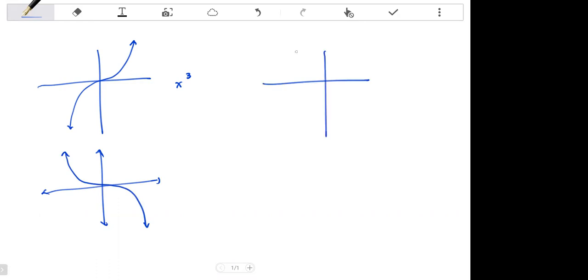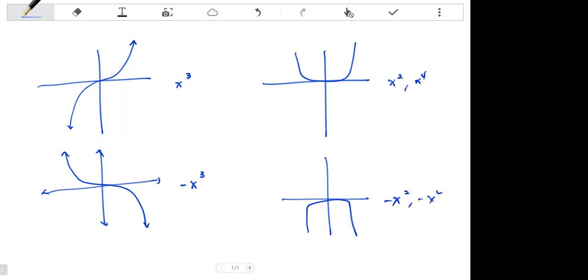Anybody? You can just shout it out. Negative x cubed. Yeah, that's right. And these are the 4 types of graphs you want to know. This can be x squared, x to the 4th, and this is negative x squared, or negative x to the 4th, or negative with any even exponent.